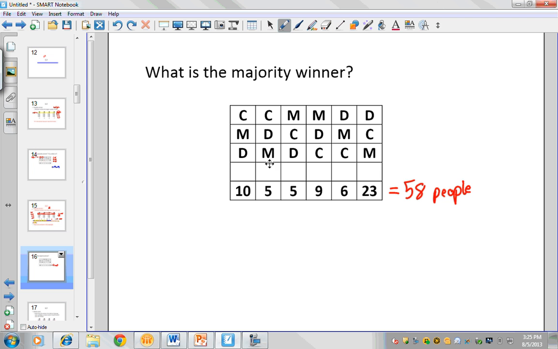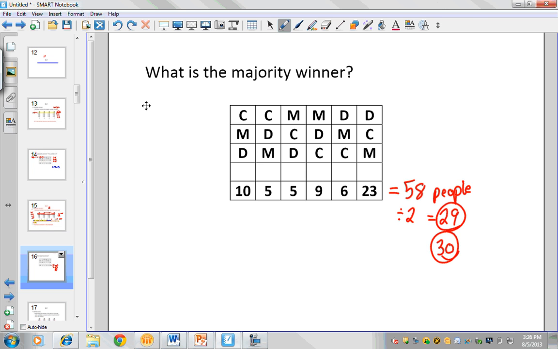When you divide it by 2, you would get 29 being the 50% mark, but you need more than 50%, so the answer is actually going to be 30, the majority.